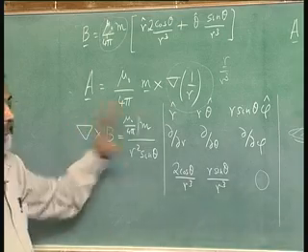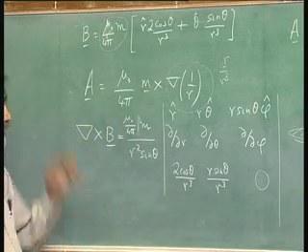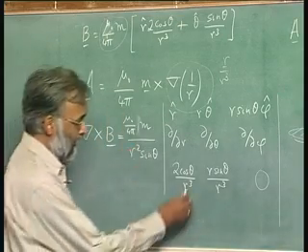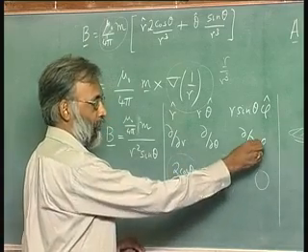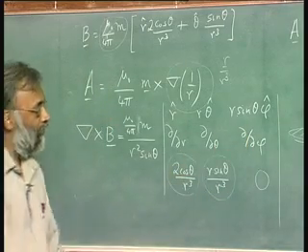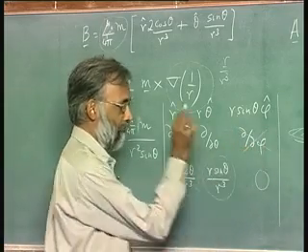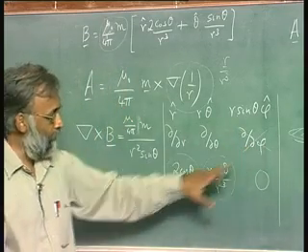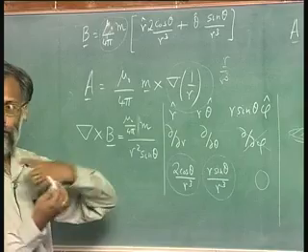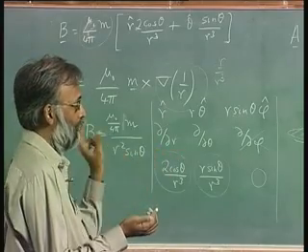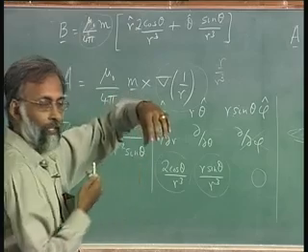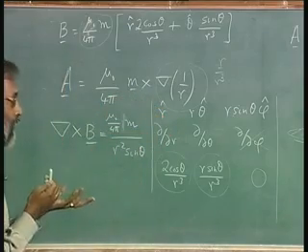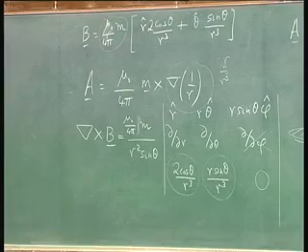Now, if I want to take this determinant, it is important to realize this term and this term are not functions of phi. So, this term goes away. There is no derivative with respect to phi that is possible here, because the field does not depend on which phi angle you measured it, because it is a loop, it looks the same at all angles.